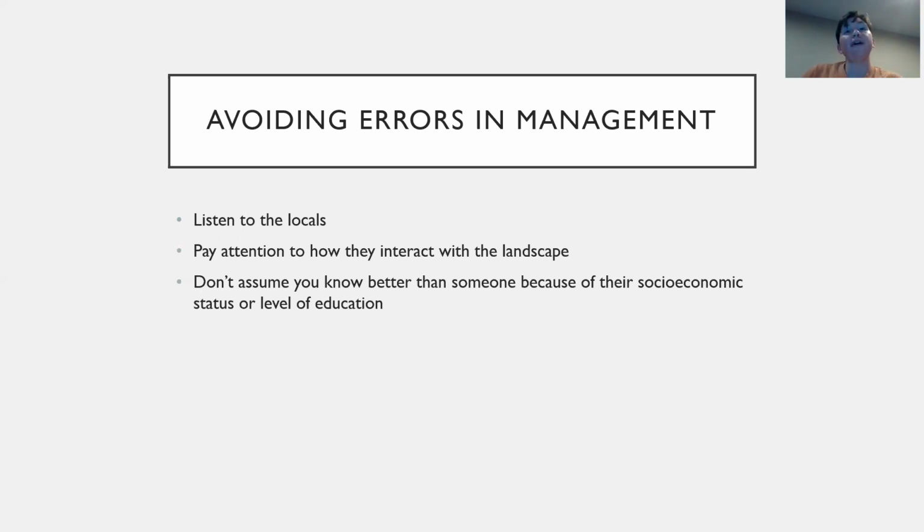They had done prescribed fires in the areas for hundreds of years, and they basically said, "We know better than you because you're some stupid hick." And so it's really important to listen to the locals and pay attention to how they interact with the landscape, and don't assume you know better than anyone else. Just really try to stay humble, because by removing fire, they actually did a lot of damage in the area.